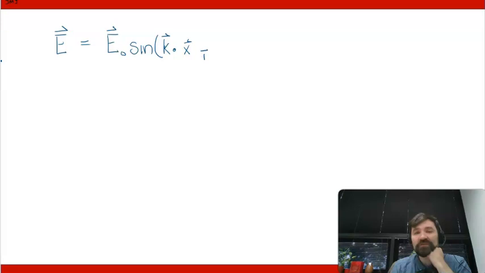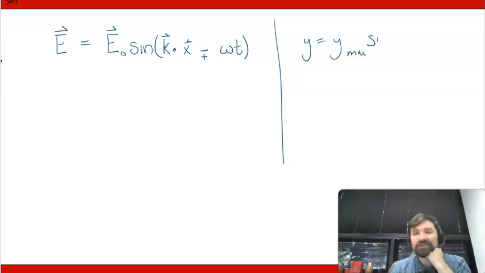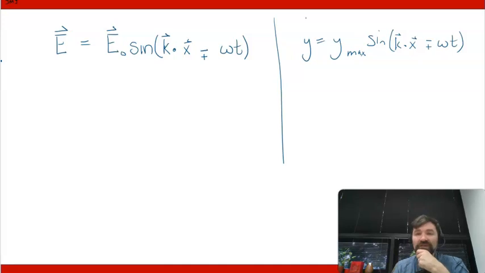And then depending on whether you want the wave moving left or right, it's either minus or plus omega t. In other words, it looks very similar to y is equal to y max or y naught sine k dot x minus or plus omega t. Okay, that was just the equation for mechanical waves.